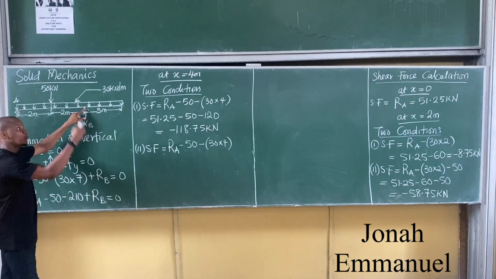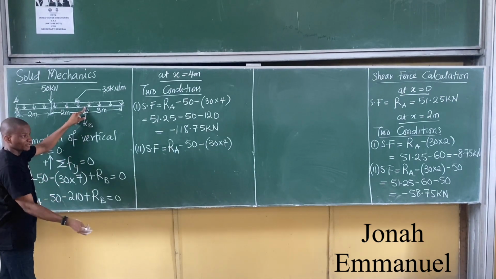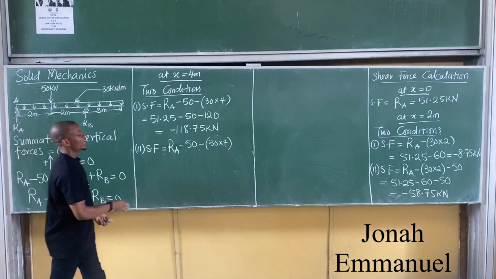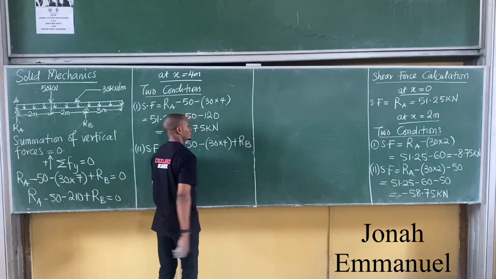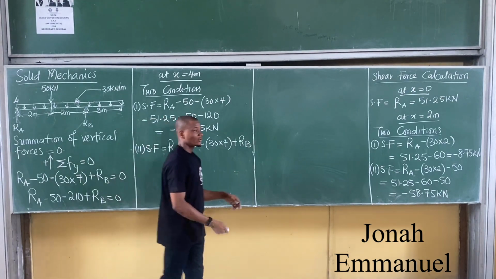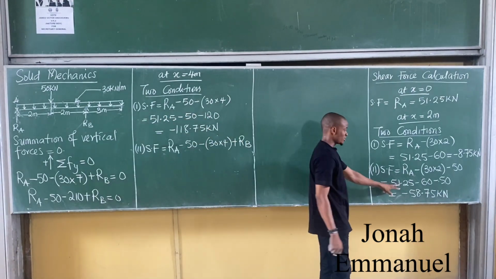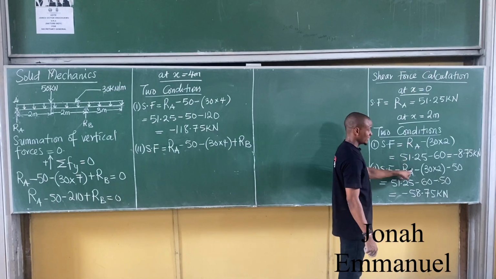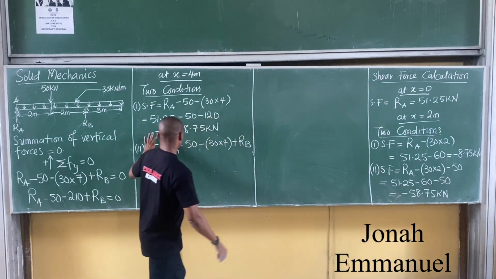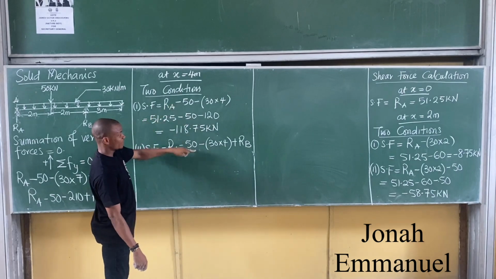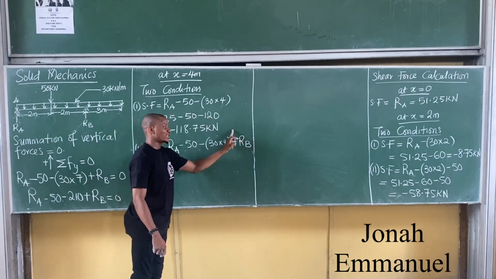RB is going upward, so it becomes positive. That's all. I'm now having positive RB. So always observe: condition 2 is always condition 1 repeated, then check for the force at that point.